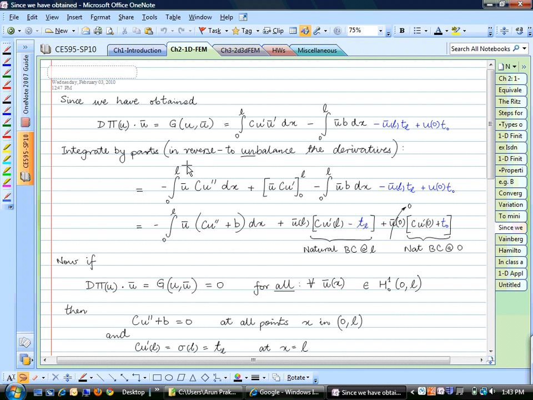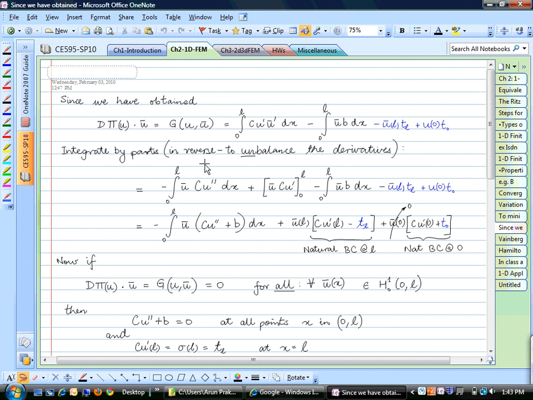Now integrate it by parts in reverse. If you remember what we were trying to do earlier in the method of weighted residuals, we said we integrate by parts to balance the derivatives. Here we are going to do the reverse process. We are going to unbalance the derivatives and try to take out u bar common.